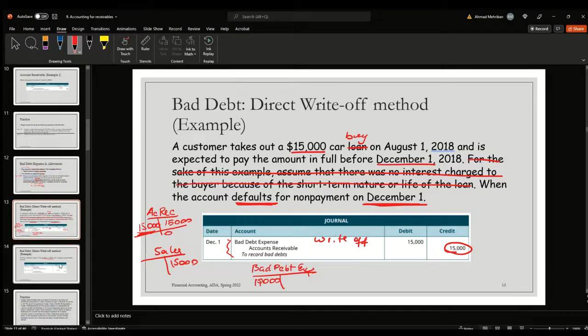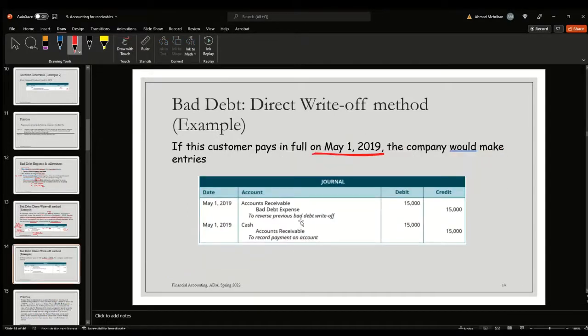We closed it because he didn't pay by the deadline, December 1, so we assumed there would not be any more payments, and there's a zero balance in account receivable. But now that he's paid us back, we need to reverse it.